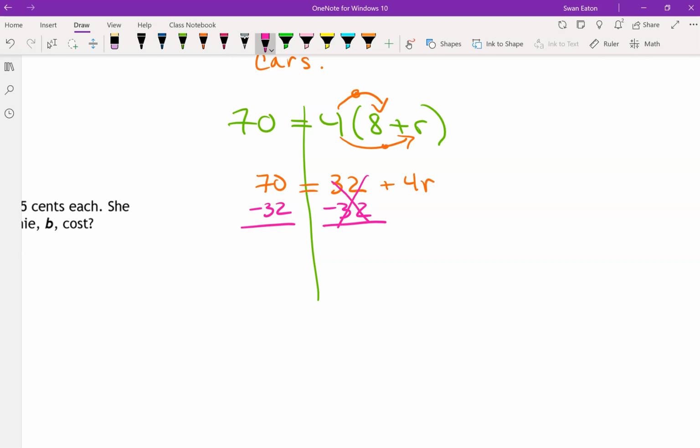This is gone, leaving us with 4R. 70 minus 32 is 38. Now I have to do the opposite, which is divide by 4. That crosses out, leaving R. So R equals 38 divided by 4, which is 9.5.